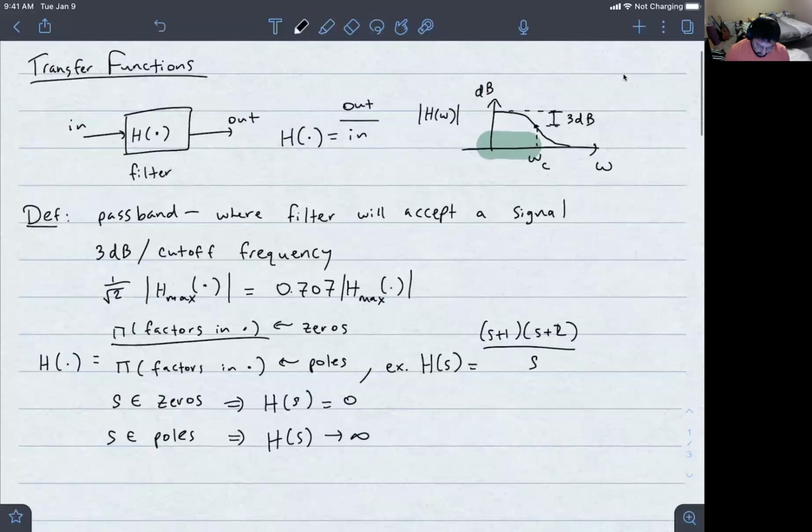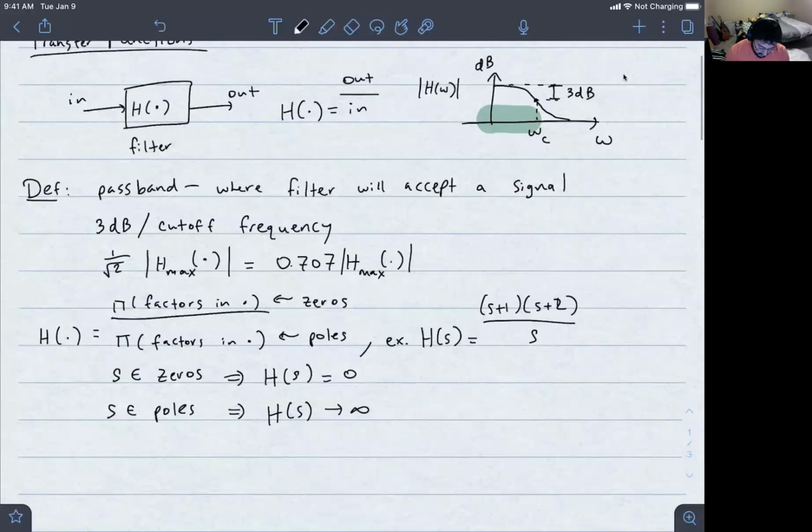Okay, moving right along. So we have the idea of a magnitude response. So a magnitude response, or I guess just the magnitude of h dot.